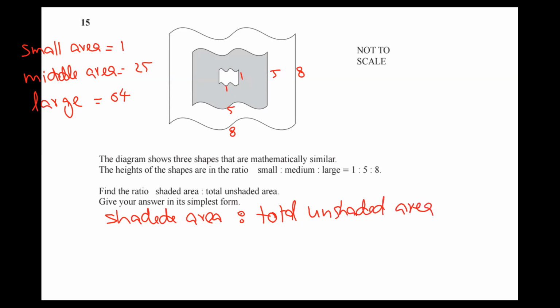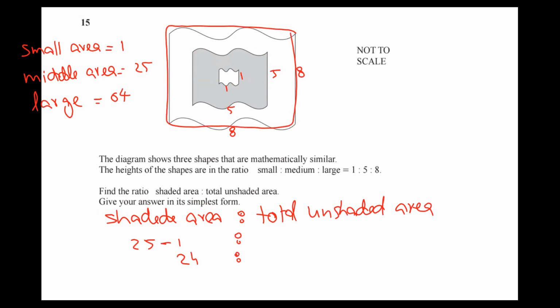Okay, so the total shaded area is very clear: this 25 minus 1, subtract them because the inner part I don't need. So 25 minus 1 will give you 24. And the total unshaded area means the bigger one.